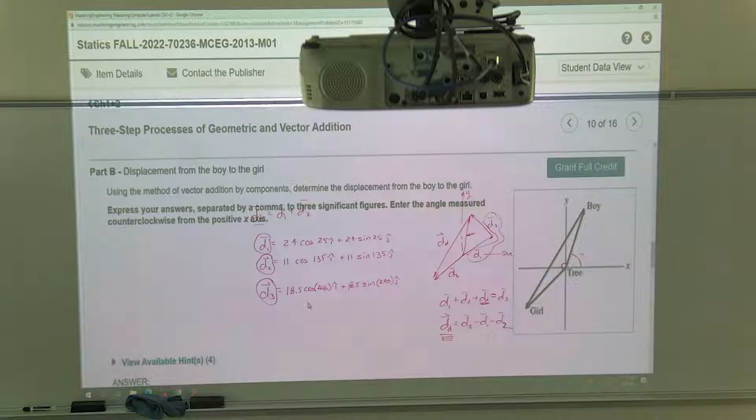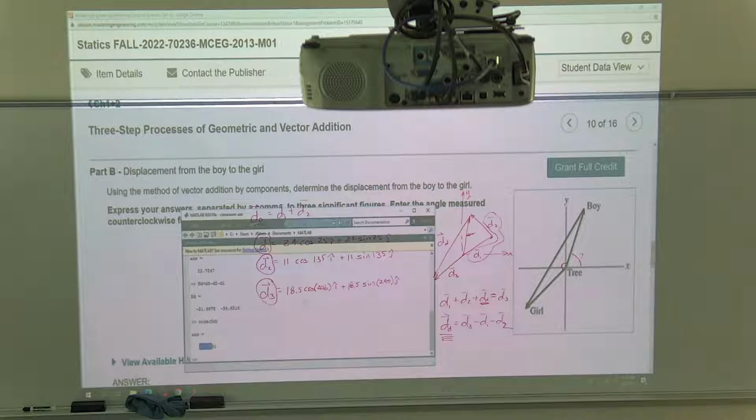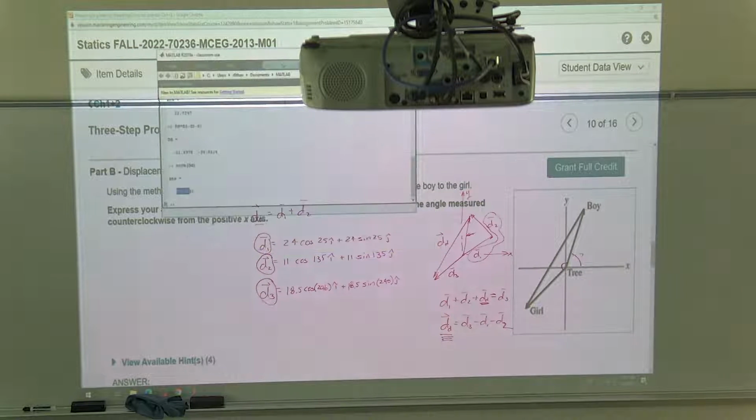Give me a second. I have to get to MATLAB. I already have D1 and D2. I'll call it Q because I don't know what else to call it. Q equals D1 plus D2.